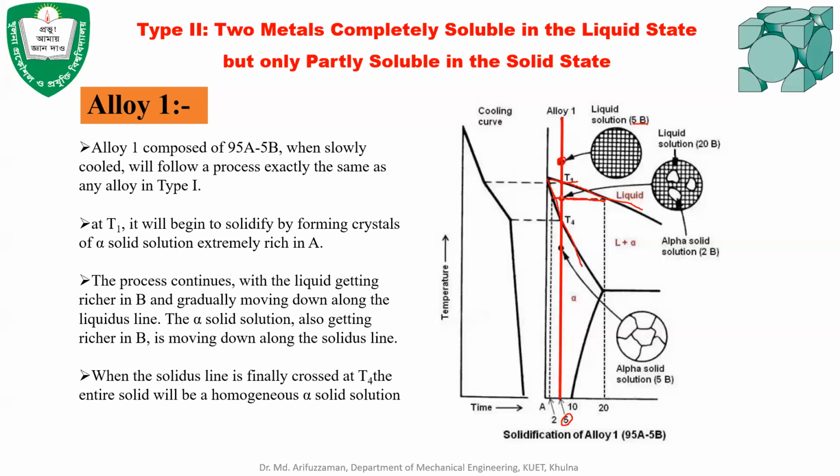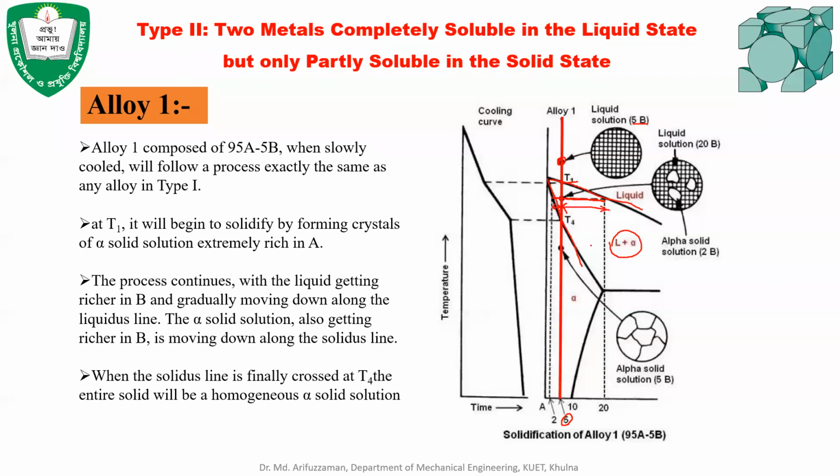Okay, so at this temperature, once we draw the tie line, this is the two-phase region which contains liquid and alpha. Alpha is the solid. So there is liquid and there is solid. How much solid is present in here, we can determine using the tie line. In that case, we have to consider which distance, this one or this one.